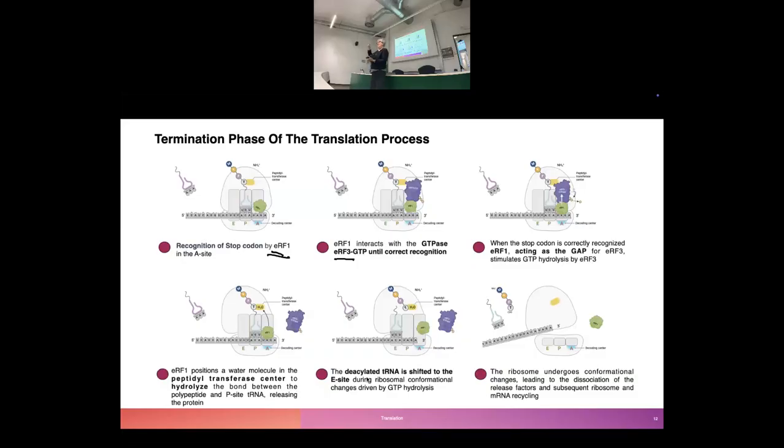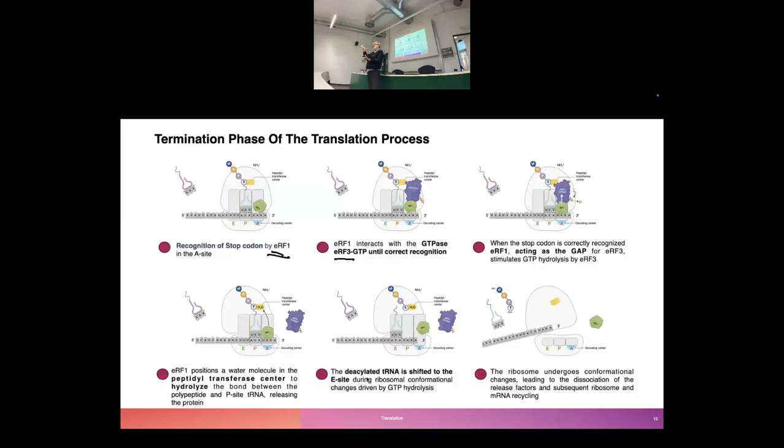Second, the activity, that is the capacity to activate the GTPase activity of the releasing factor 3 by this process, because the interaction changes the organization of factor 1 into the configuration in which it's stably interacting with the mRNA. This promotes its GAP activity towards the releasing factor 3.